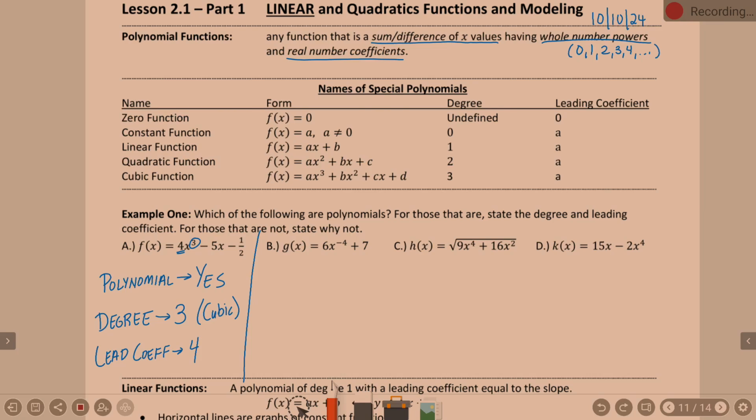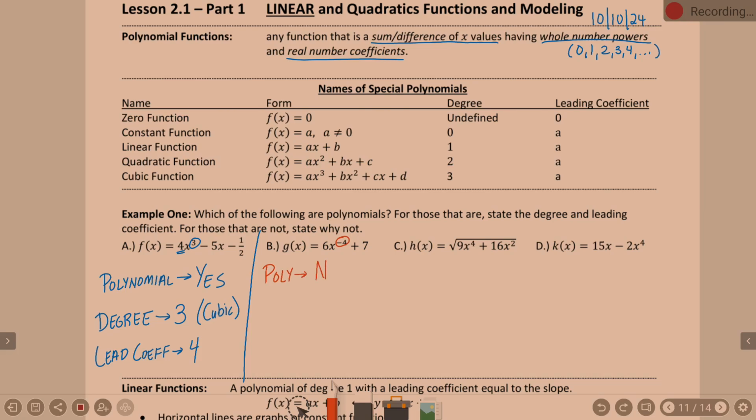Okay, B. G of x equals 6x to the negative 4th plus 7. Is this a polynomial? No. Why not? Not whole numbers. Okay. If it is a polynomial, my powers are only whole numbers, which means my powers are only positives. We have a negative power. That's not a whole number. And so, no, this is not a polynomial.